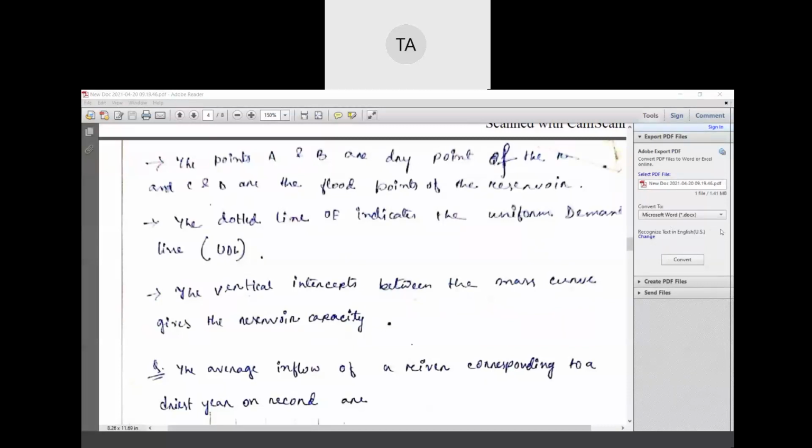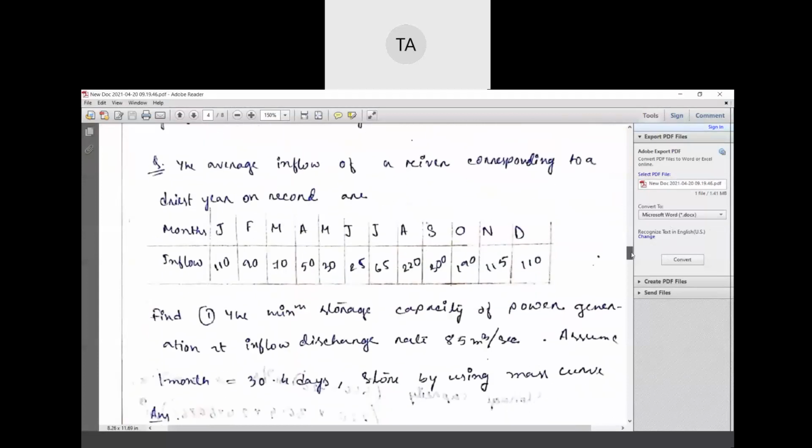So today you write down one numerical related to mass curve, and try to solve it at home, and we will discuss the solution in the next class. The average inflow of a river, corresponding to a year on record.